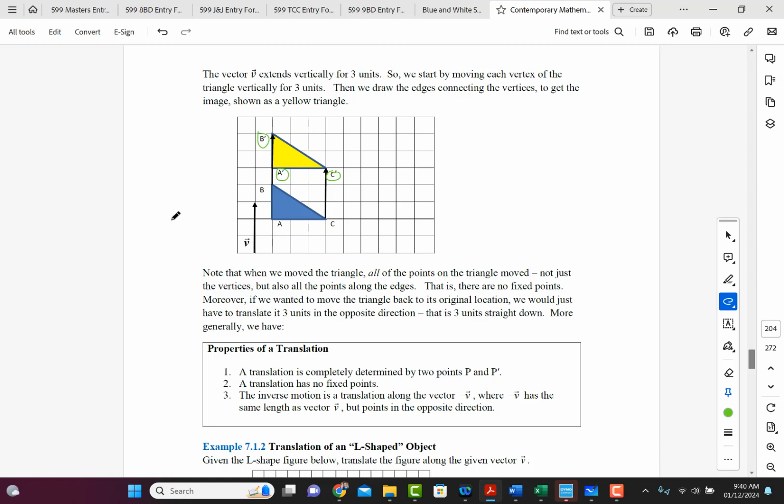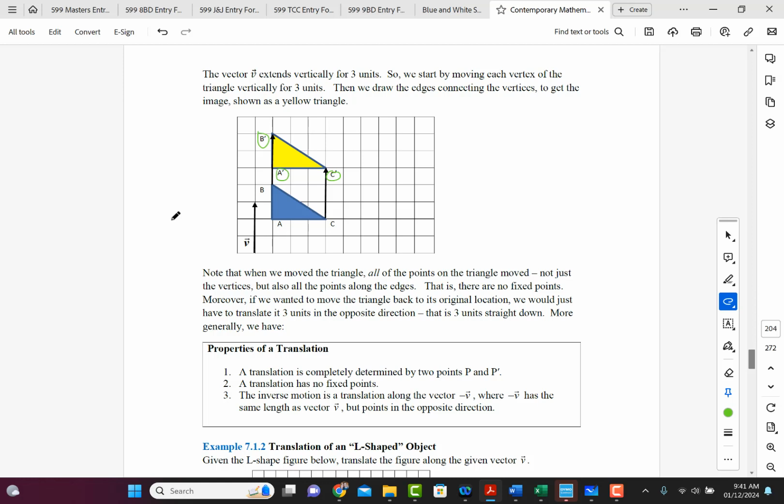Okay, so the vector V extends vertically for 3 units. So we start by moving each vertex of the triangle vertically for 3 units. Then we draw the edges connecting the vertices to get the image shown as a yellow triangle, which is what I did above, right?